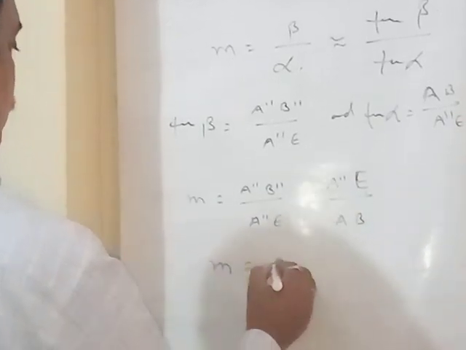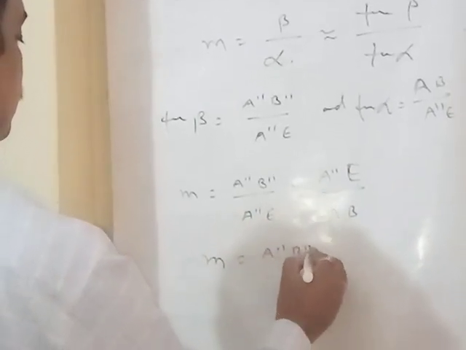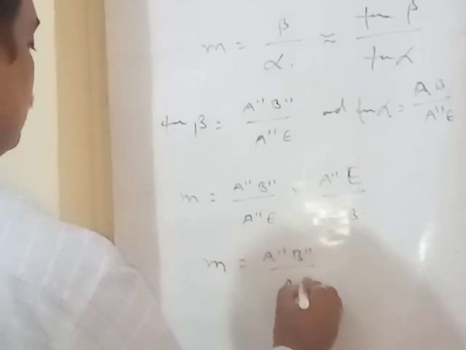Now m equal to A double dash B double dash upon AB.